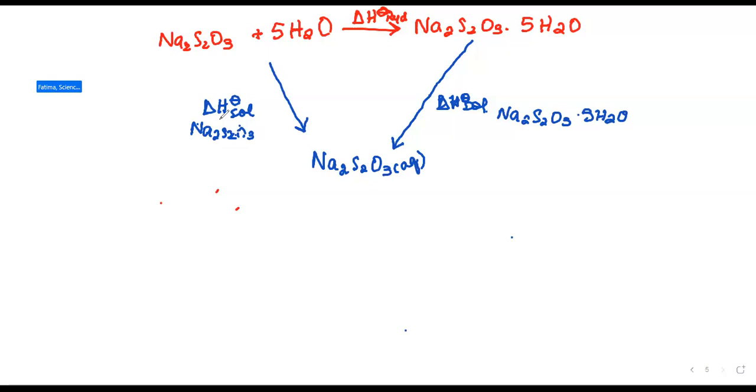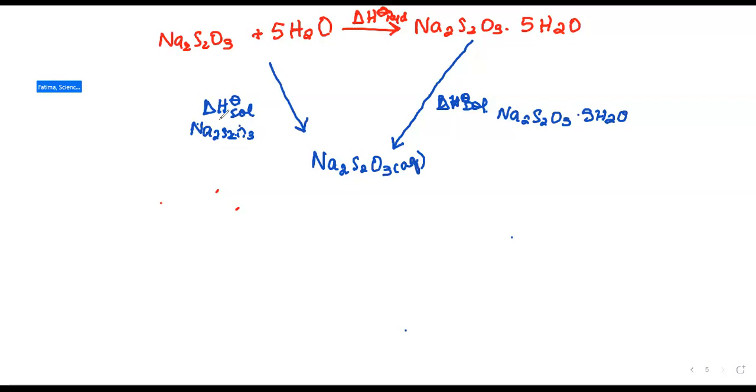Now, take a look. In my reactant, what is happening in this particular reaction? I am reacting the product with the water and the reactant with the water. What is the ultimate result? The ultimate result is that my final product is the same, right?